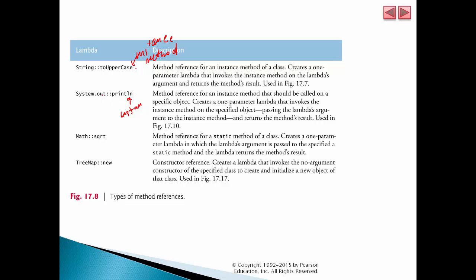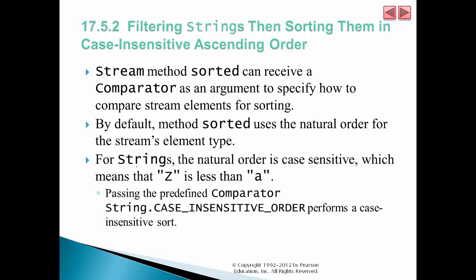This is just some object which represents our standard out, and we're calling its println method. So it's an instance method. This one is a static method, or class method. And this is a constructor. So we can refer to constructors and everything like this. Okay, cool.